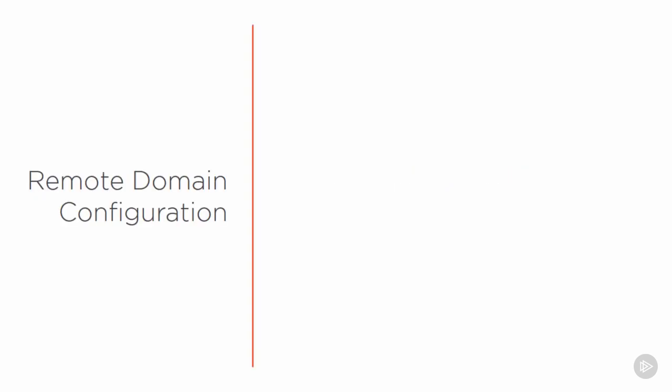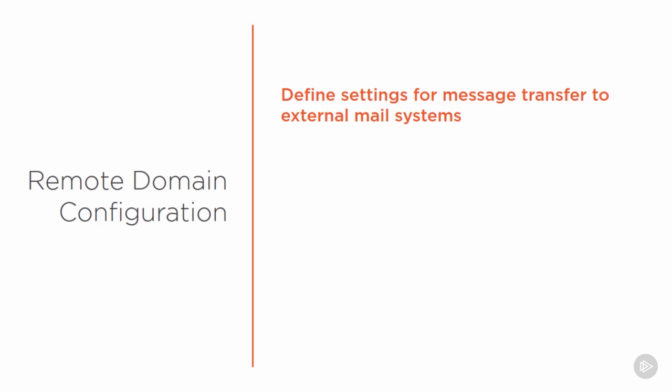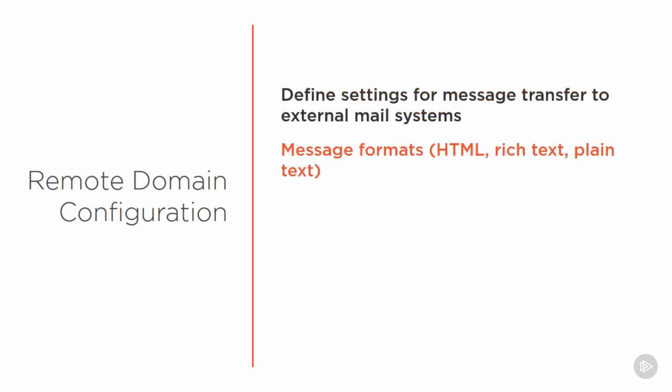First, we'll start with the remote domain configuration. Remote domains define settings for message transfer between your organization and other mail systems. Remote domain configuration basically applies to outgoing messages. You can control settings such as message formats, which is useful if you know that a particular domain only supports a specific content type, such as plain text.